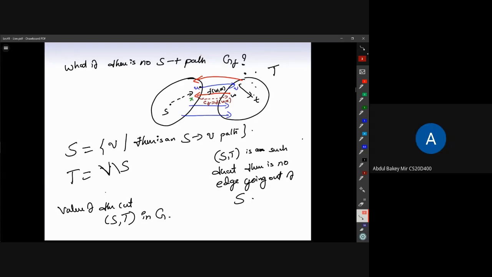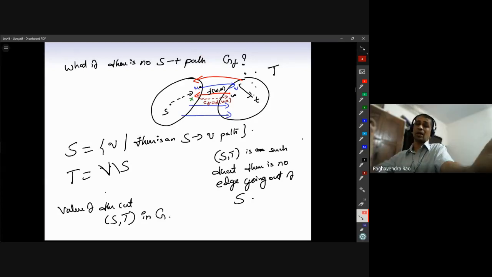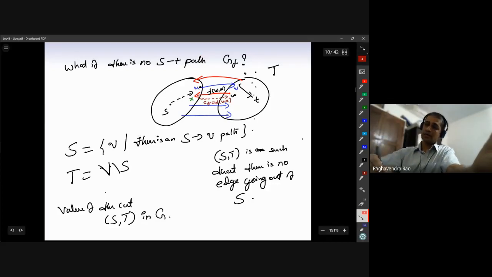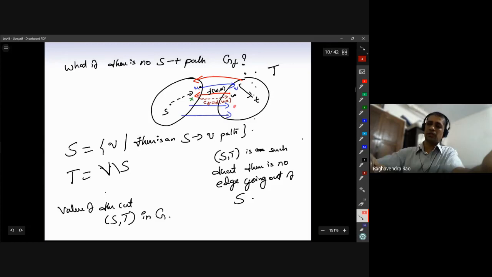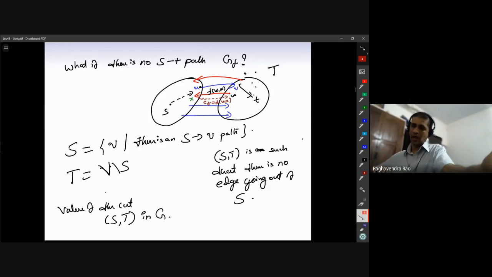It's equal to this cut value. Because all forward edges are full capacity and all backward edges have no flow assignment at all. If they had, then we would have had an edge from this set to this set, contradicting the definition.